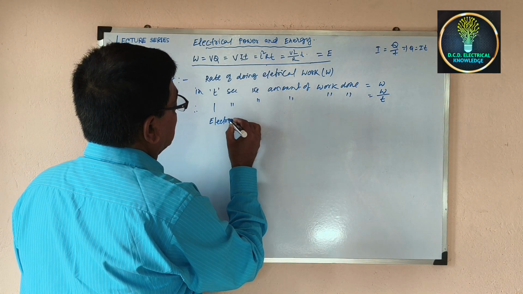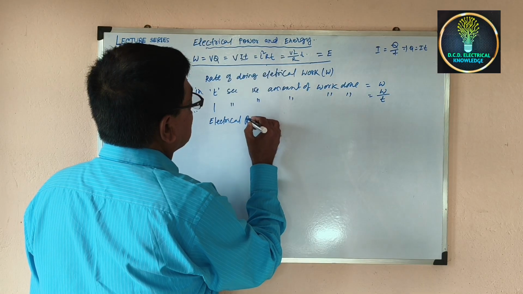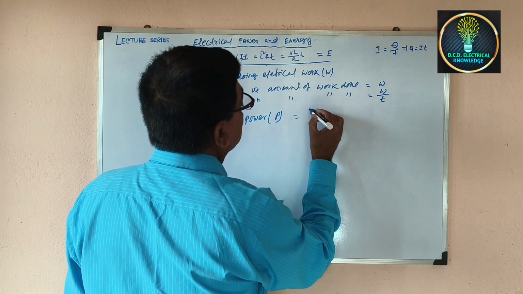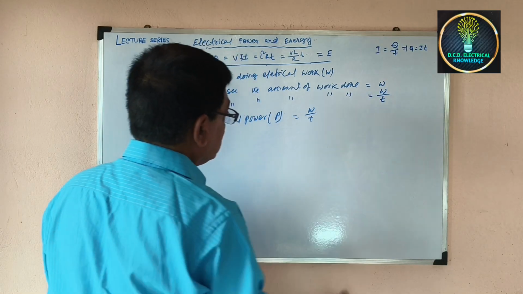Also, electrical power P is equal to W by T.